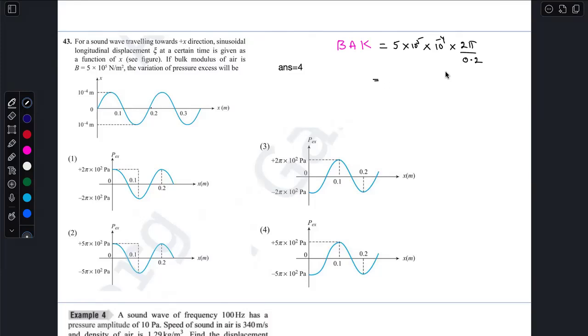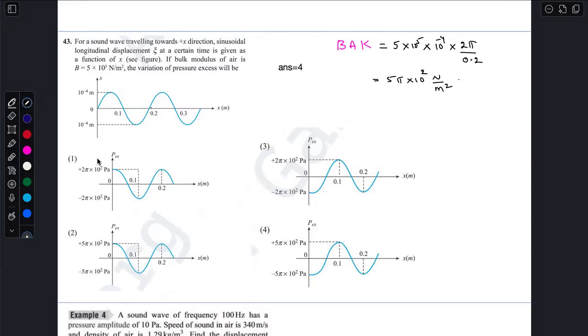Okay, so 10 power minus 3, 500 pi. Am I right or not? What is this totally? 500 pi or 5 pi times 10 square Newton per meter square. Unit same as pressure.